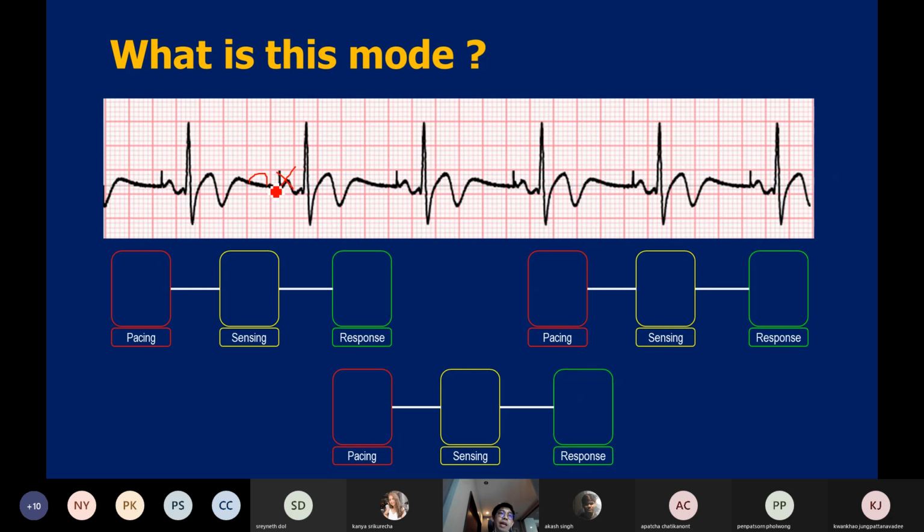It sees that there is an intrinsic P wave, so it does not have to generate the impulse because the patient already has the P wave. This is the sensing function. Sensing is what the pacemaker sees.